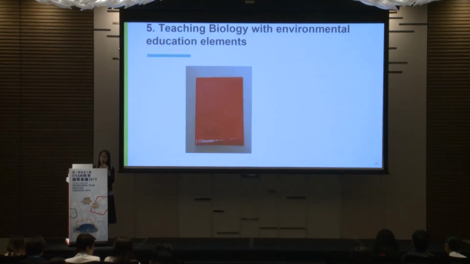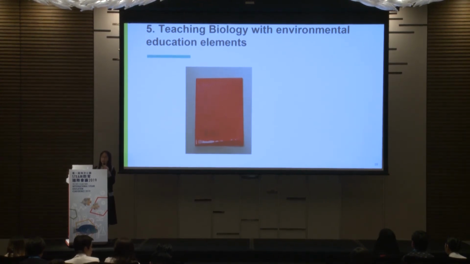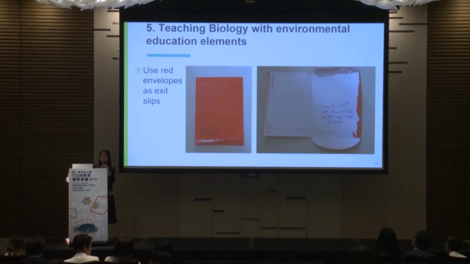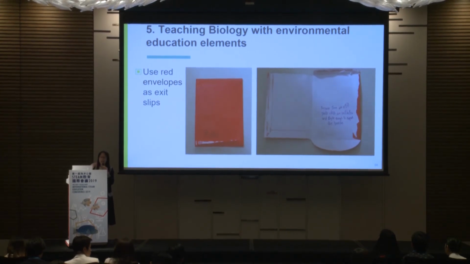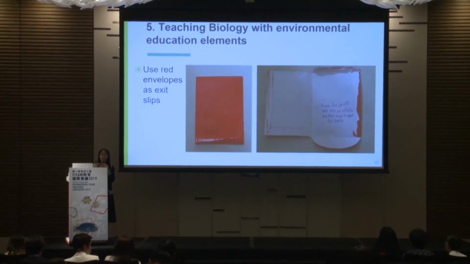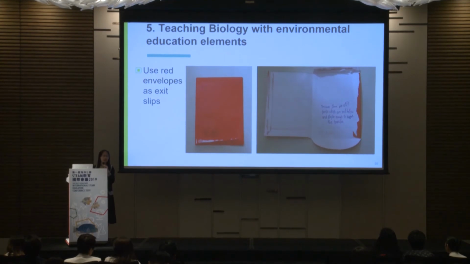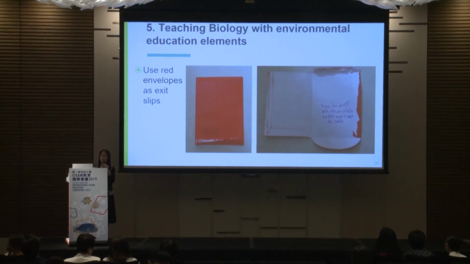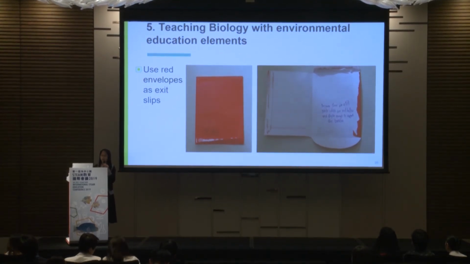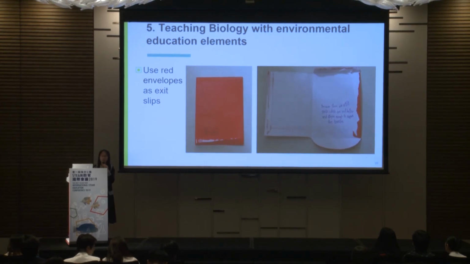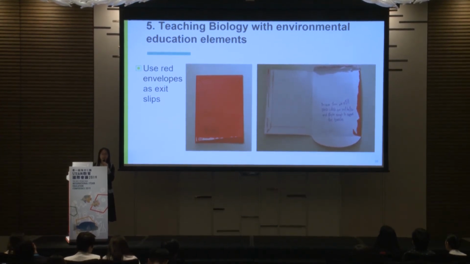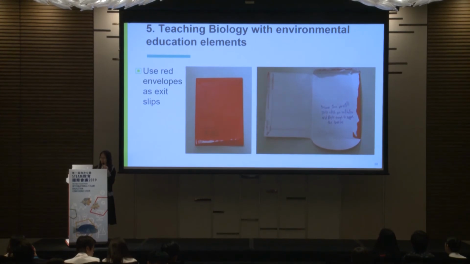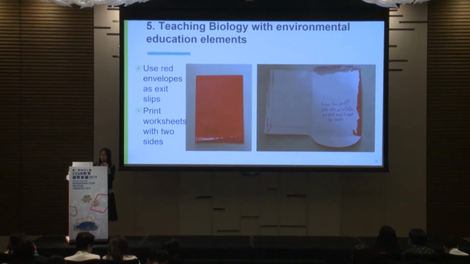And I have tried this, these red envelopes, which I used as exit slips. I ask a question at the end of the class, and distribute an envelope to each of them, and they write down the answers. The feedback was quite good, they were quite interested and happy, saying, "Oh, teacher, you're giving us a test, hahaha," like they were quite happy with this.